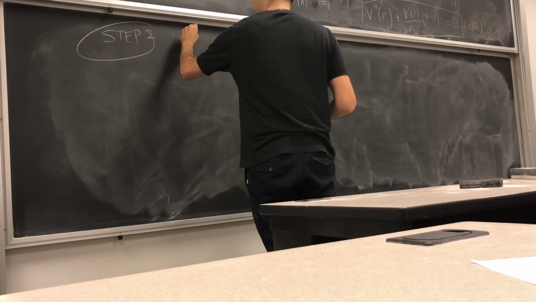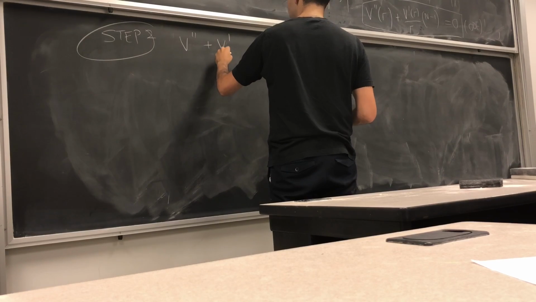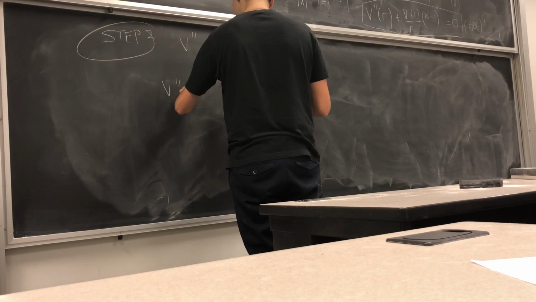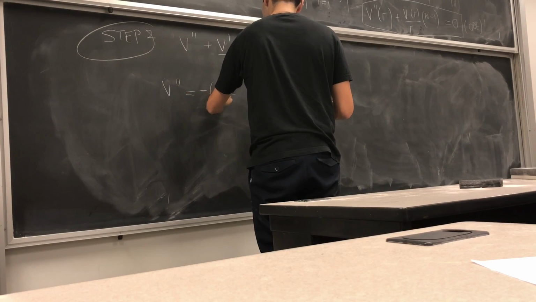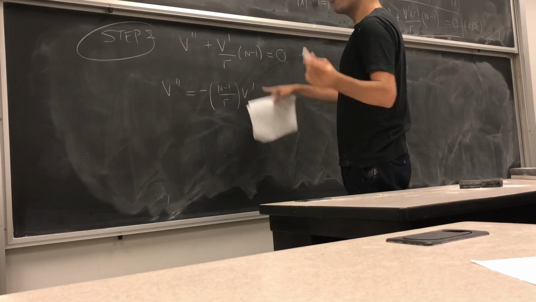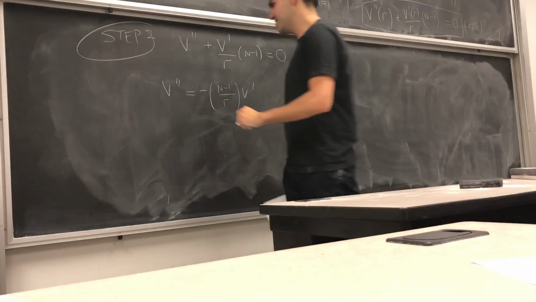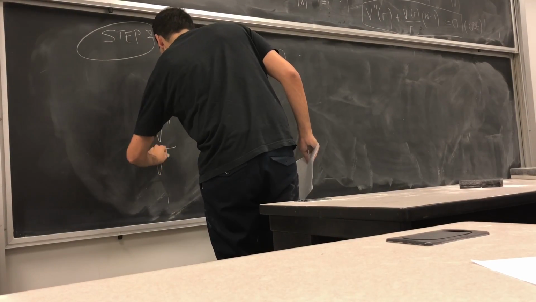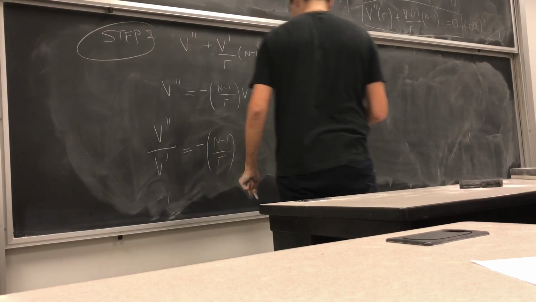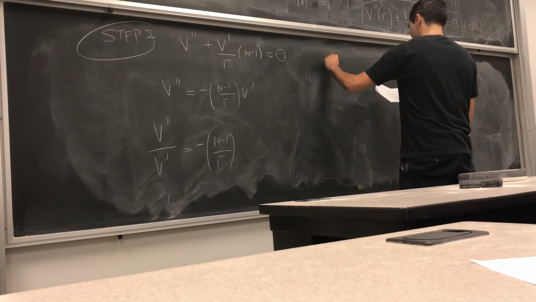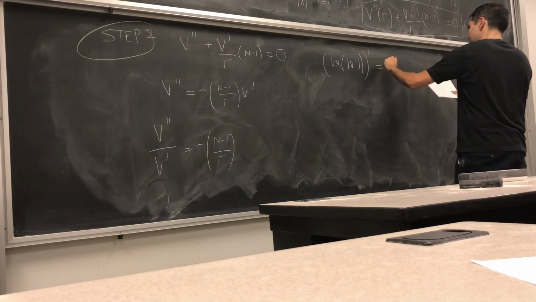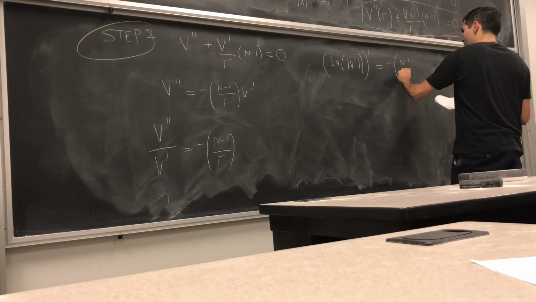So now just to remind you, we have v double prime plus v prime over r times n minus 1 equals 0. So v double prime equals minus n minus 1 over r, v prime. Again, assuming that v prime is non-zero, because we don't care about constant solutions, we get v double prime over v prime is minus n minus 1 over r, which tells you that ln of absolute value of v prime equals minus n minus 1 over r, integrated.